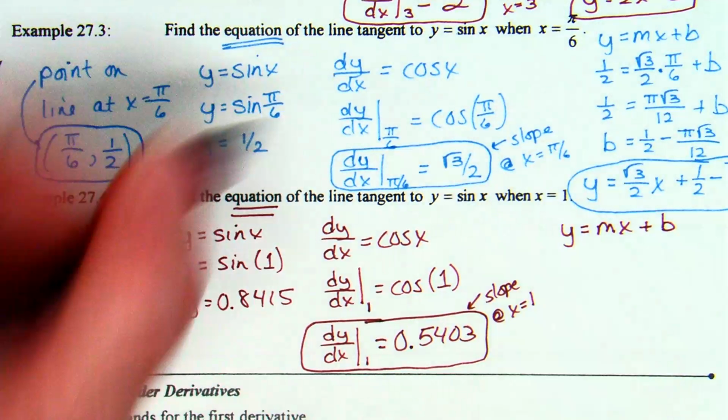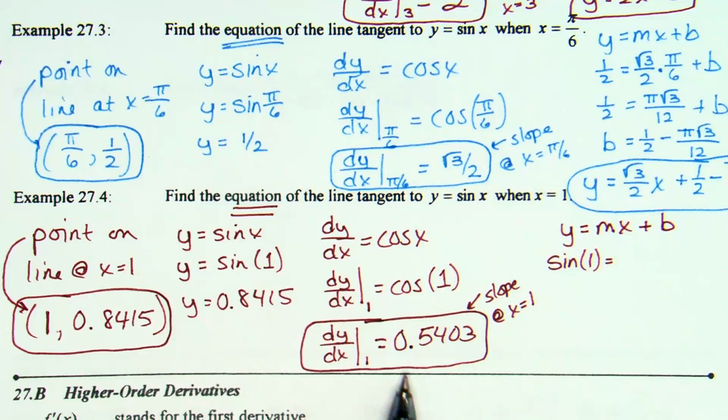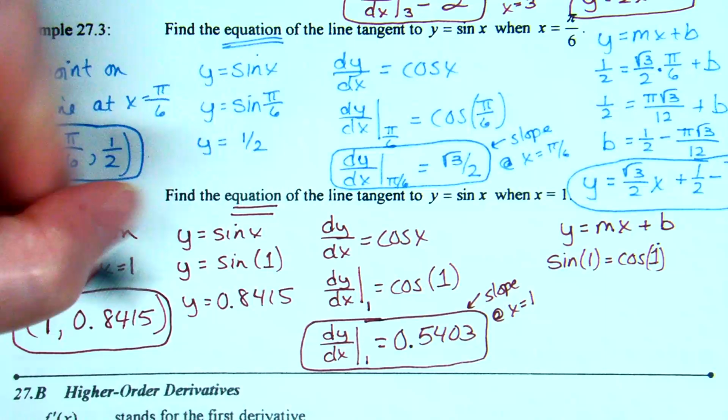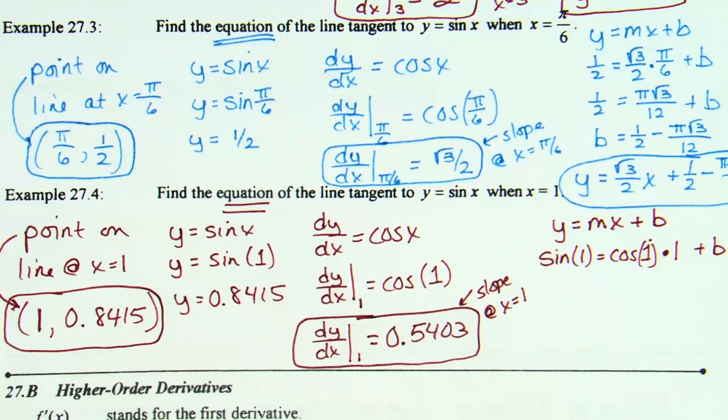So there are times when they'll just leave it as sine of 1 equals m, which my slope was cosine of 1, times x, which was just 1, and then plus b. Then b is going to be whatever sine of 1 minus cosine of 1 is.